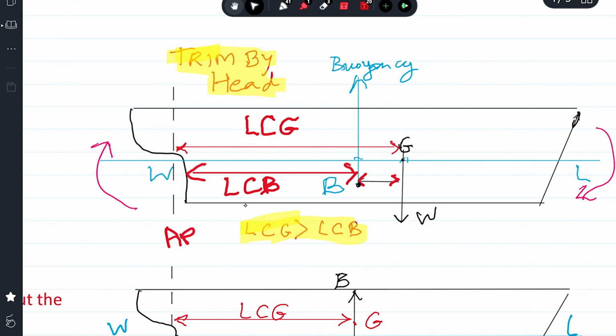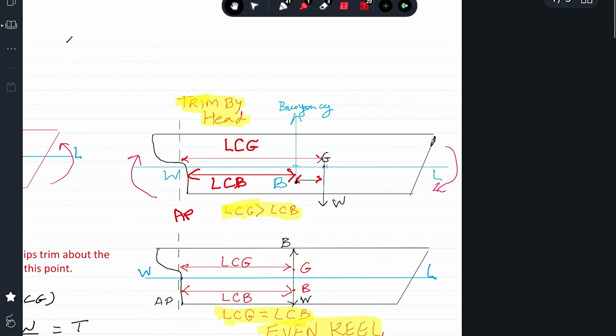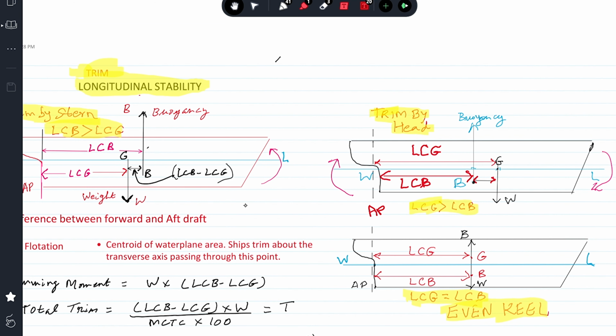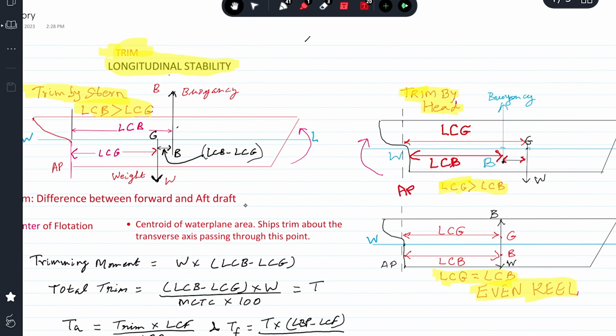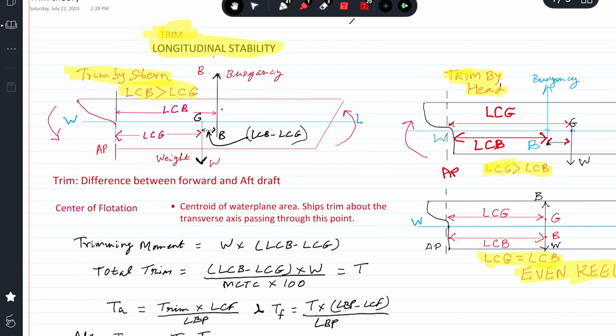This is the main theory about the trim chapter. Trim is the difference between forward and aft draft. Ships don't trim about midship.